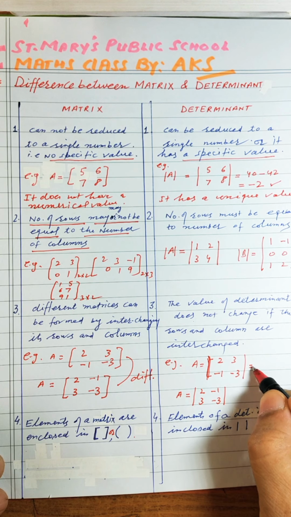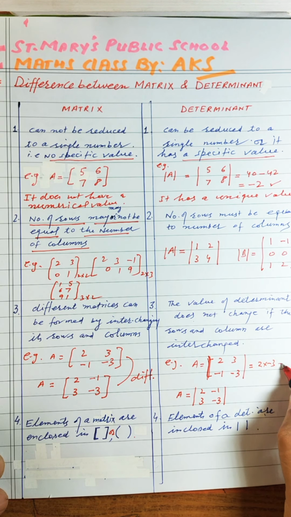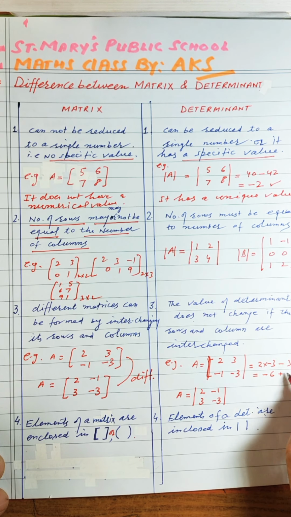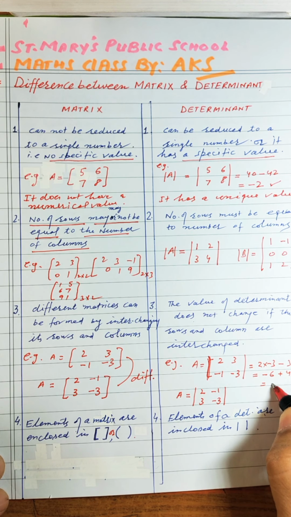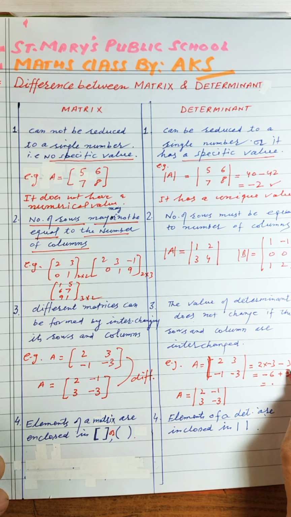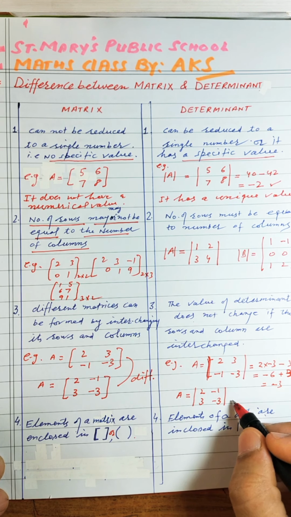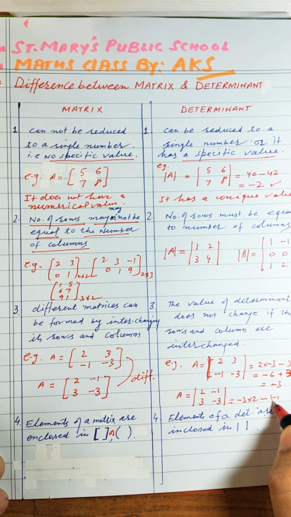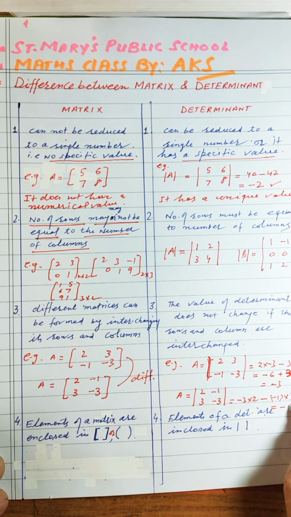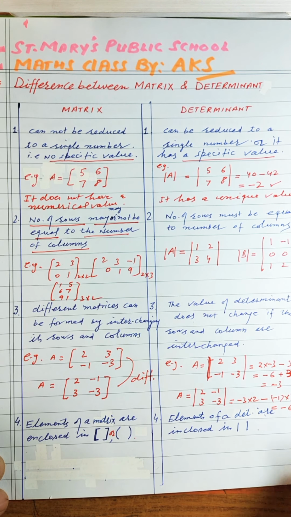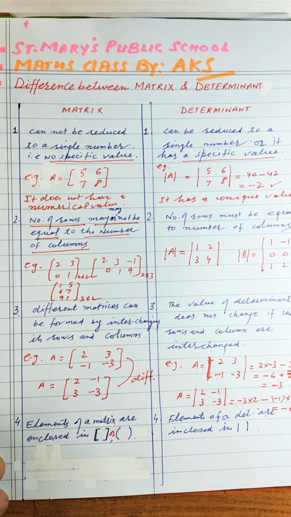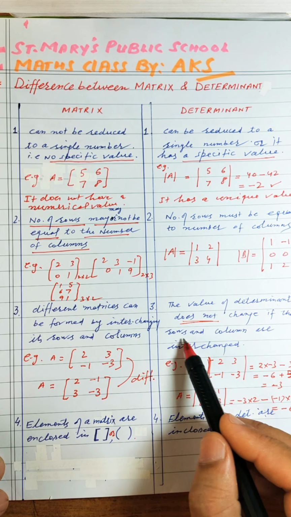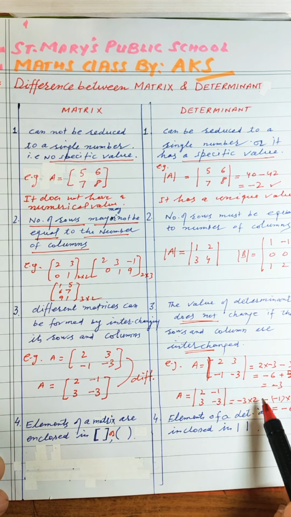After simplification we get 2 times minus 3 minus 3 times minus 1, which is minus 6 plus 3, that is minus 3. So we are getting the same value. It means the value of a determinant does not change if the rows and columns are interchanged.